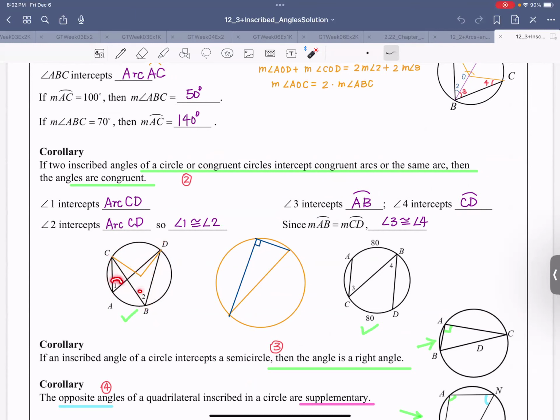I tell you angle 1 and angle 2 are congruent. Do you believe so? When you see this, you can hardly imagine that these two can be identical. But I tell you why.